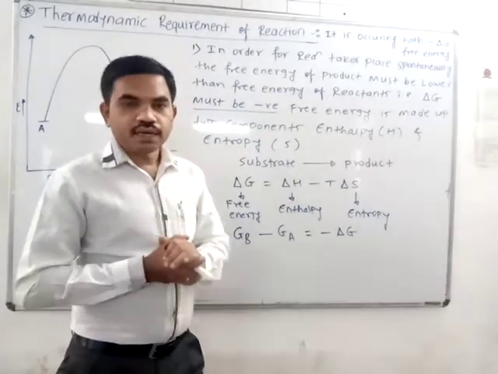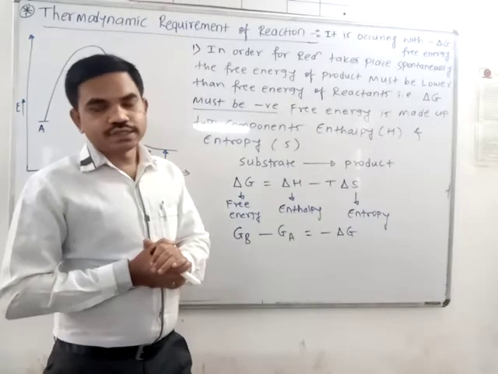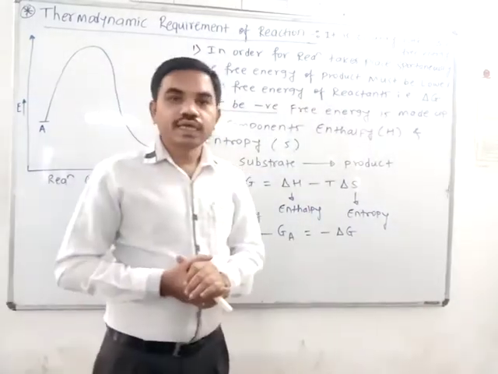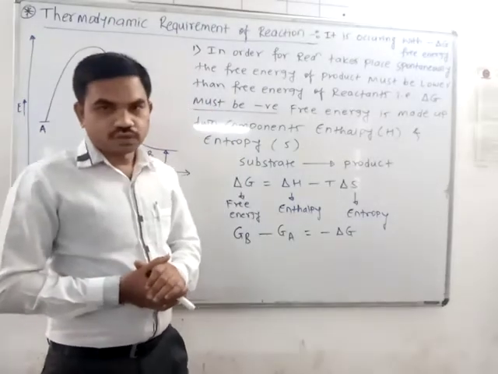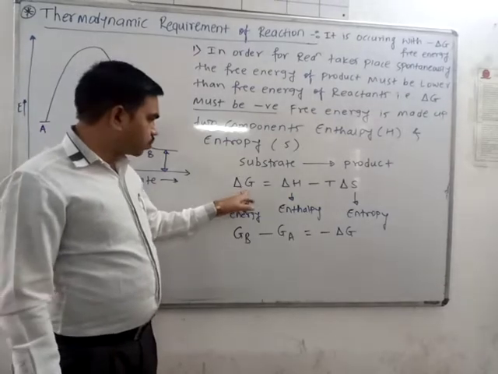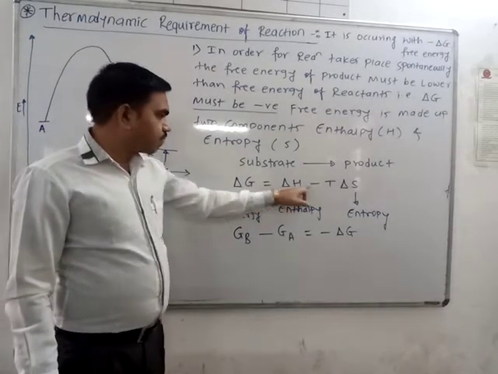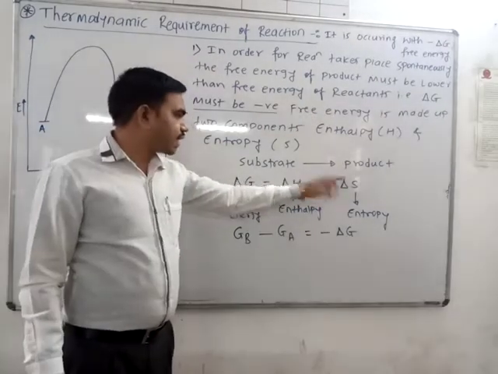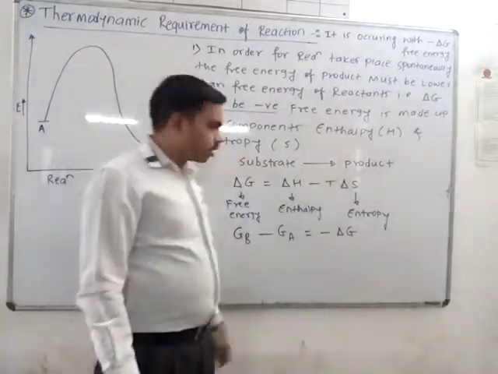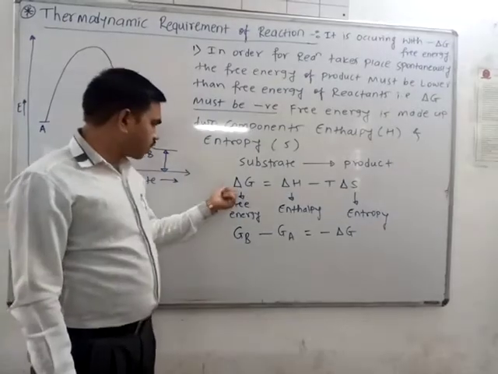In thermodynamic reaction conditions, delta G is negative. Delta G means nothing but the Gibbs free energy, and its equation is delta G is equal to delta H minus T delta S, when substrate is converted into product.